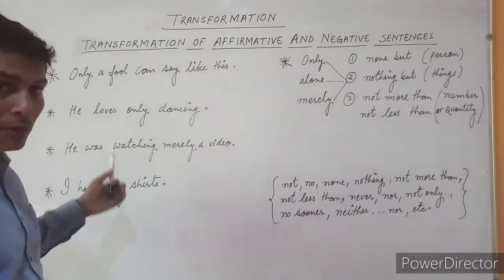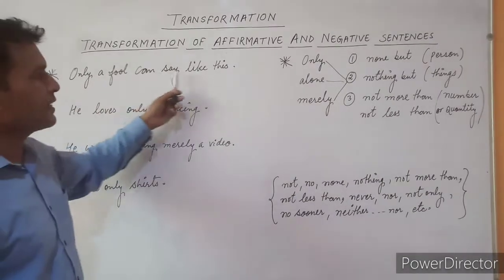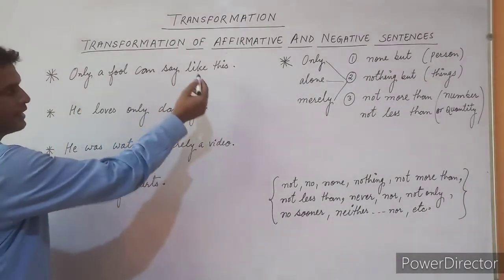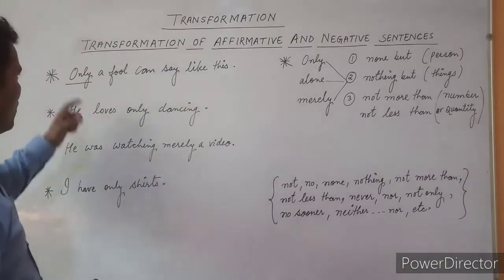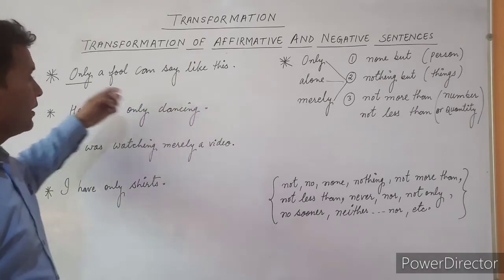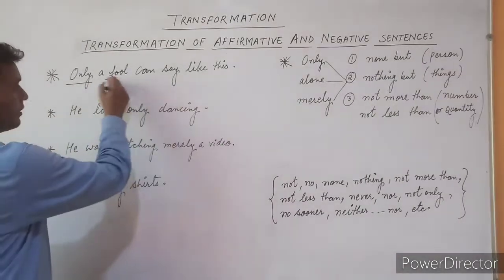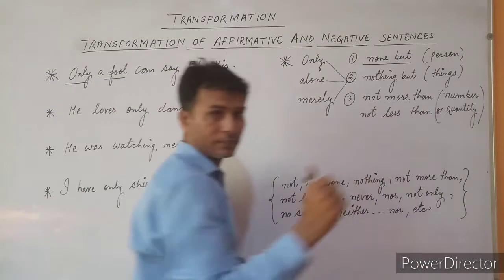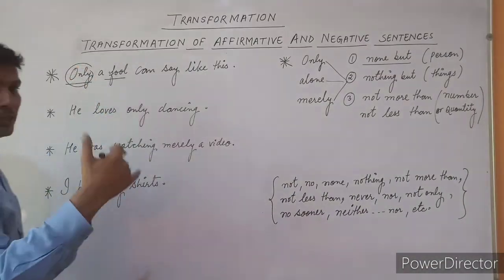So let's have a look at the example sentences. Only a fool can say like this. Students, only a fool can say like this. The sentence has only. Obviously, it's for a person. This fool is said for a person. So for a person we use none but. So in place of only, we can use none but.